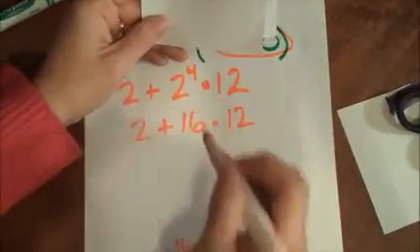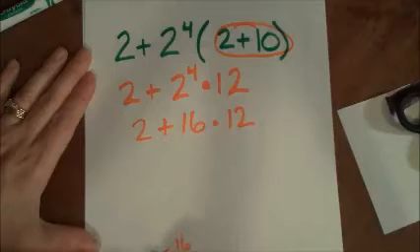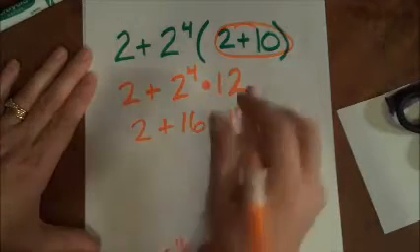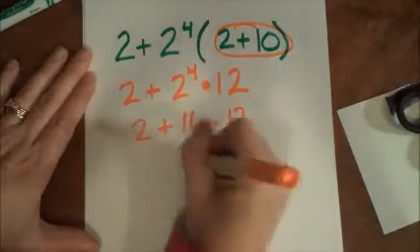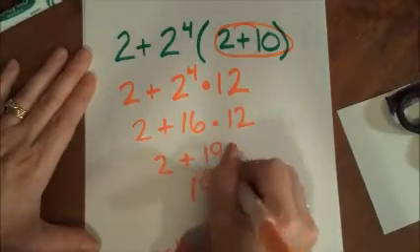Multiplication comes before addition, so 16 times 12. Again, I need extra paper. 192 plus 2 is 194.